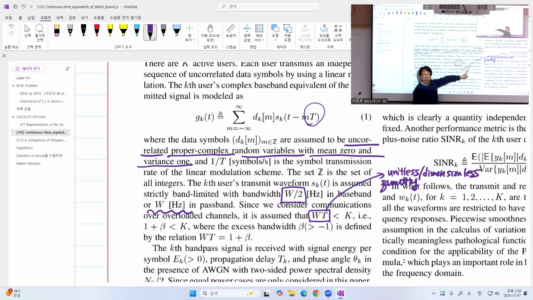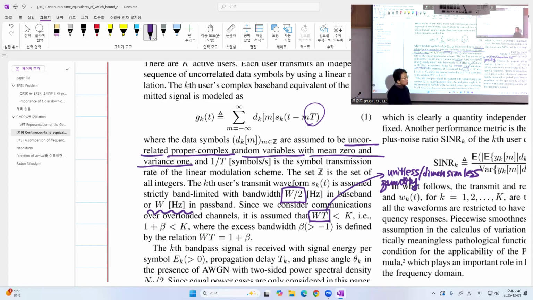Bandwidth time product greater than or equal to 1. Am I right? So greater than or equal to 1. So if you have K equals capital 1, this inequality must hold. So WT must be greater than or equal to 1.